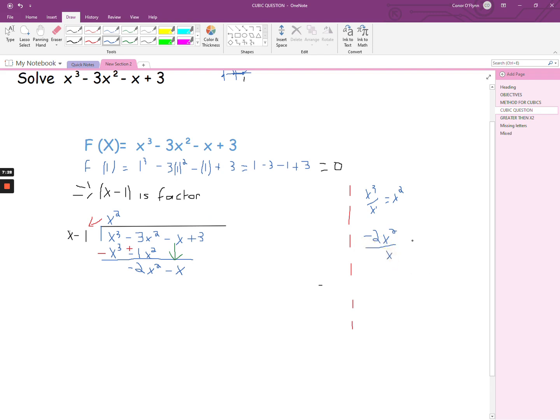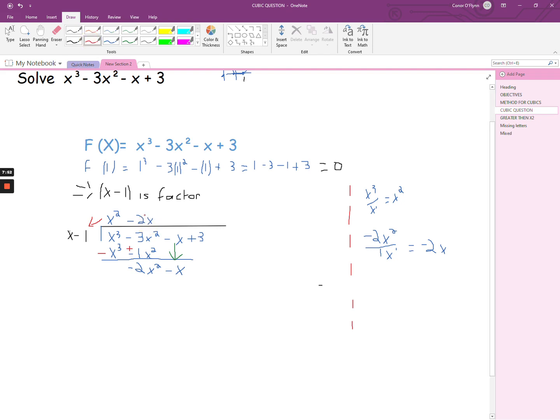So what is minus 2x squared divided by x? Well, so it's really minus 2 divided by 1 is minus 2. And then x squared divided by x is your indices rule again. It's minus 2x. So that'll be minus 2x up here. Right. And again, whatever answer I get, I multiply back in.